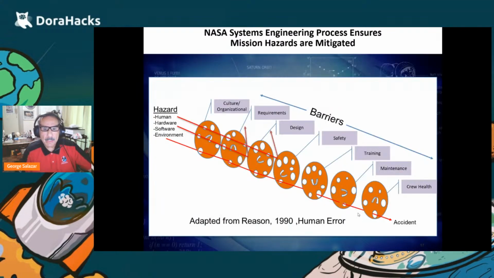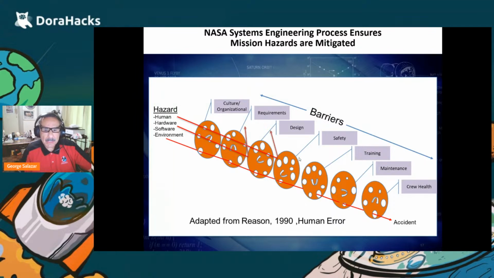And all this kind of boils down to the systems engineering process that I've covered at a very high level. That's why I bring this chart up: the human error model, what they call error analysis, by James Reason.